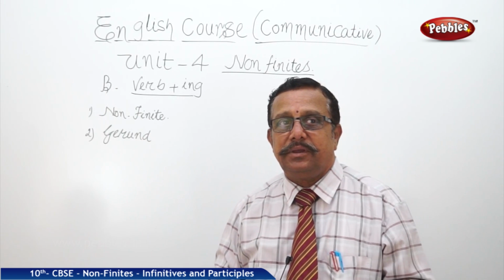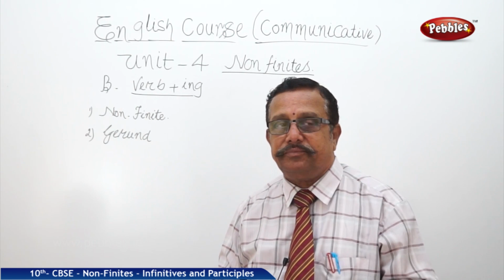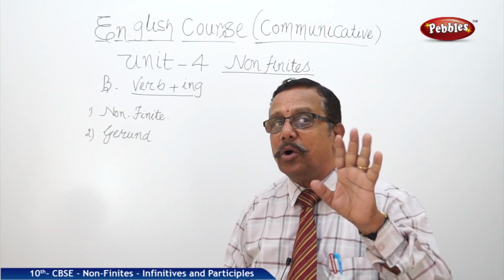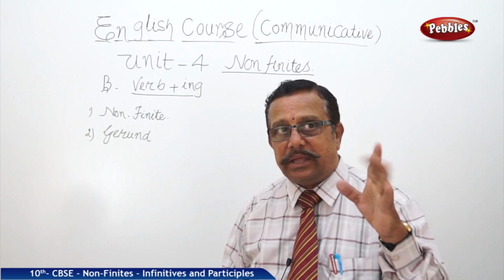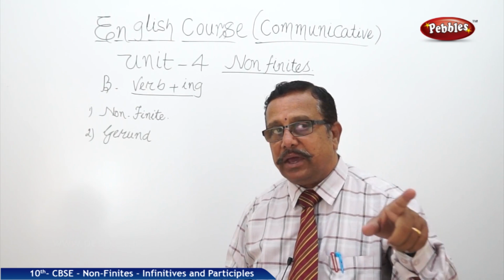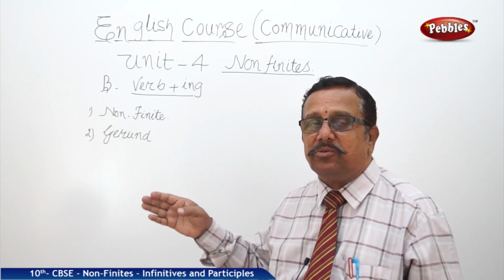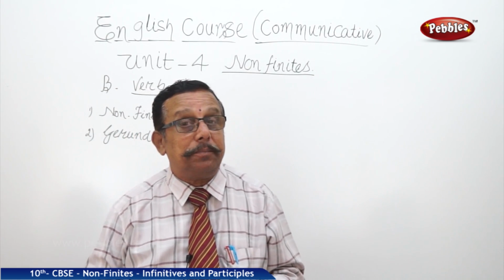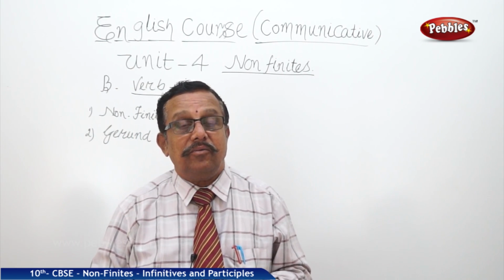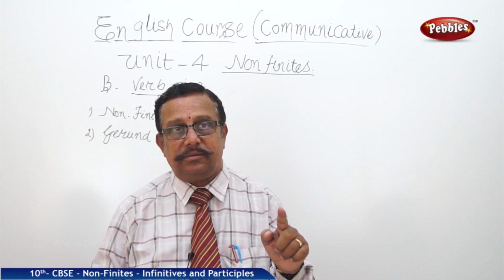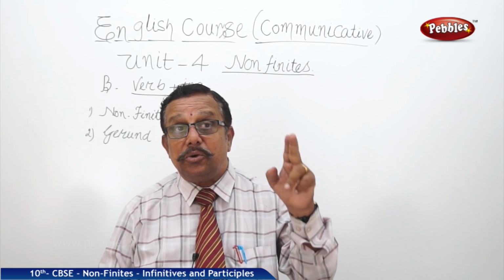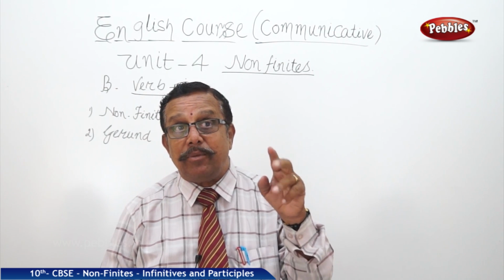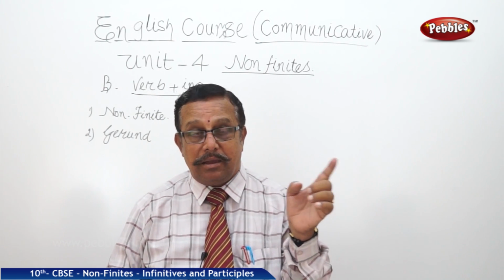We have already seen the ing form, and the ing is put only to the present tense, that is go, going, not goning, wenting. We have seen that also. We have seen the usage, how best we are using. Now the characteristics we have to learn here, you can see under present participle. We are using present participle as non-finite, and also to give rise to continuous tense with is, am, are, was, were, or be, or been.